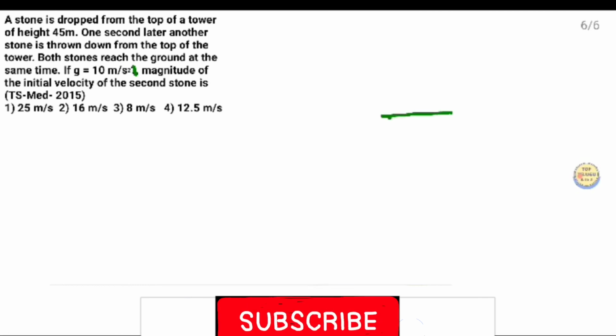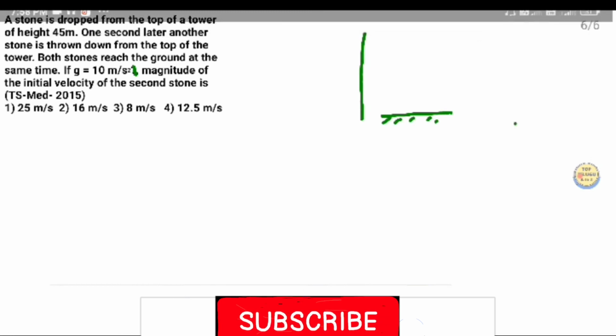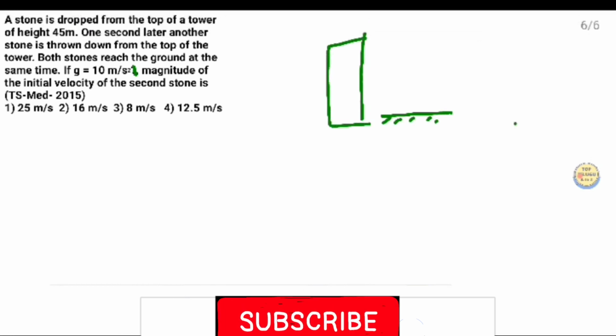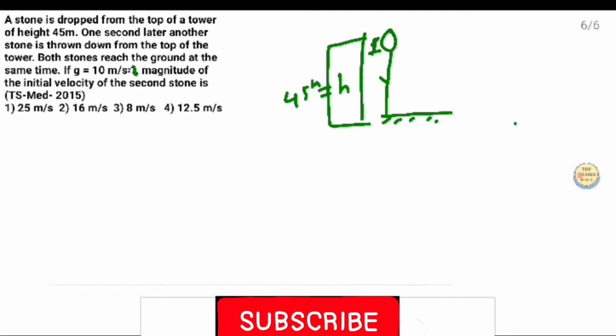This is the ground. This is the tower. One is dropped, this is the first ball. Drop it down. So height h is 45 meters.